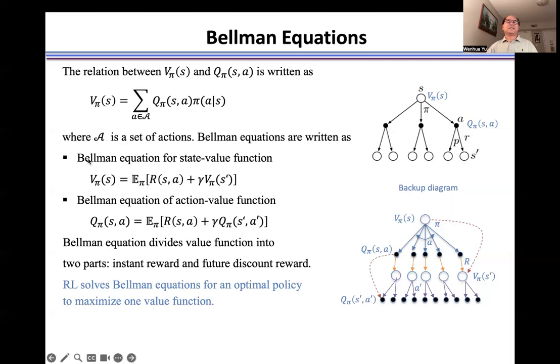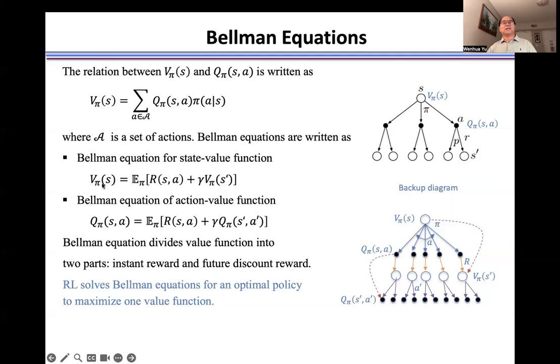And here are the two basic Bellman equations. One is for the state value function, and another is for the action state value function. The Bellman equation just splits the reward or the return into two terms. For example, here is the state value function.